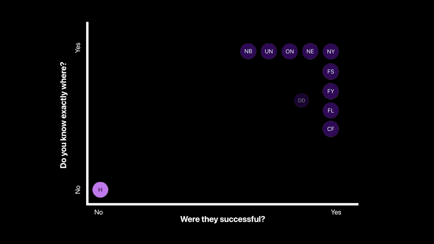A distraction display means that there's a nest or possibly chicks nearby, but the lack of certainty of their nesting success or where that nest is bumps it a little lower. And our last confirmed code, carrying nesting material, is only about halfway on our success spectrum and definitely lower than yes for knowing exactly where.